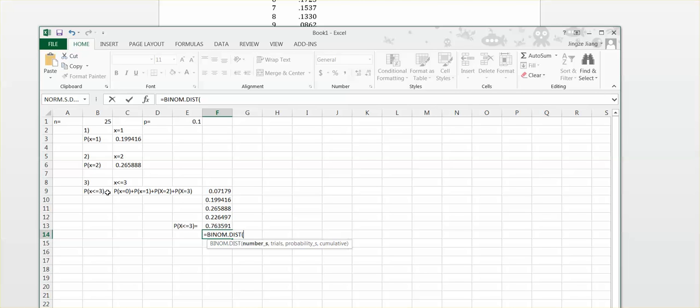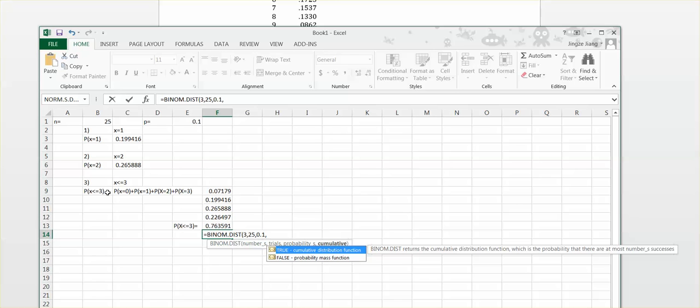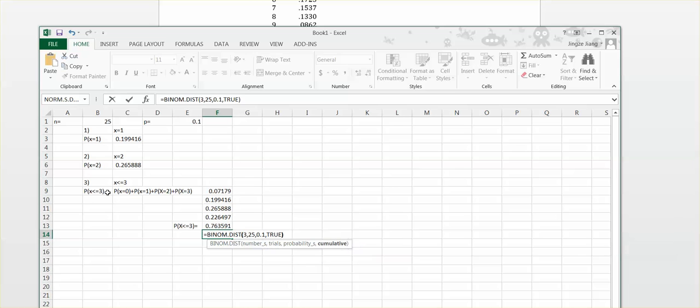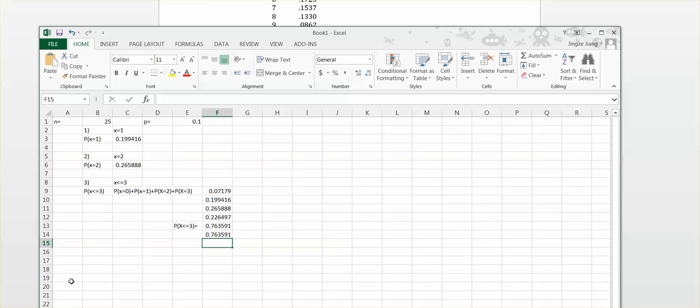The upper boundary is equal to 3, so x can reach a maximum of 3, comma, and we have 25 trials and 0.1. As I said, this is a cumulative distribution, so we choose TRUE and close the parenthesis. And we get exactly the same answer, 0.7635, as we got through the first approach.